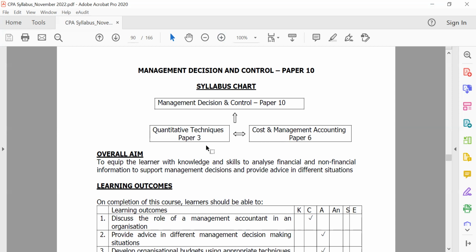So as accountants, mostly what we are very conversant with are the financial statements. But this is not the same thing for the managers. The managers may not understand things like maybe provisions for bad debts, depreciation, maybe cost of goods sold.